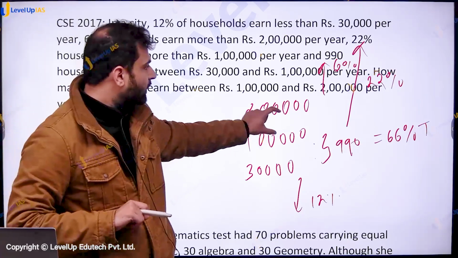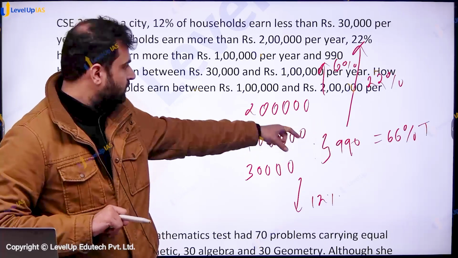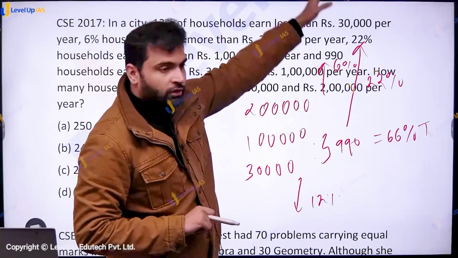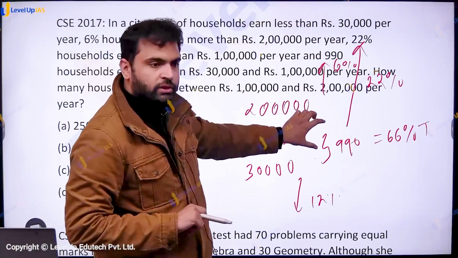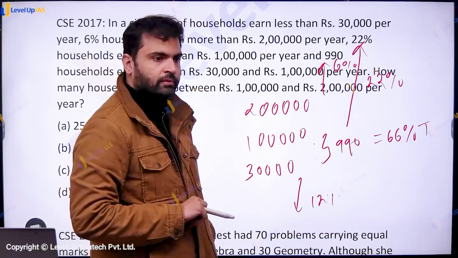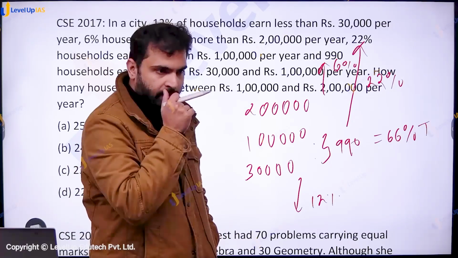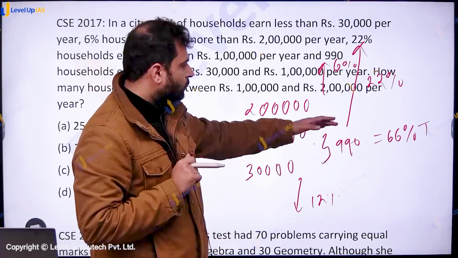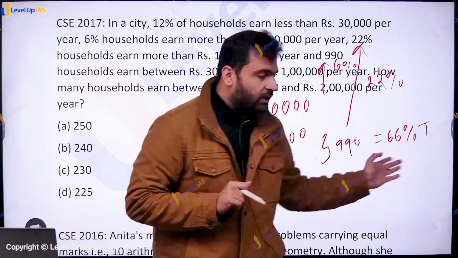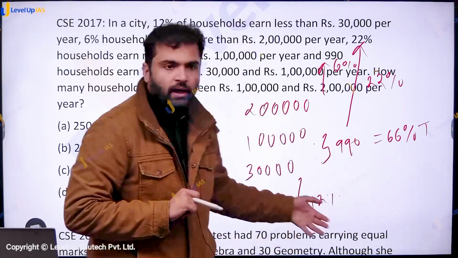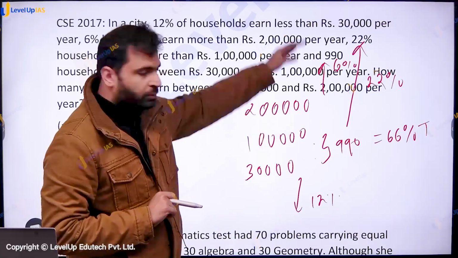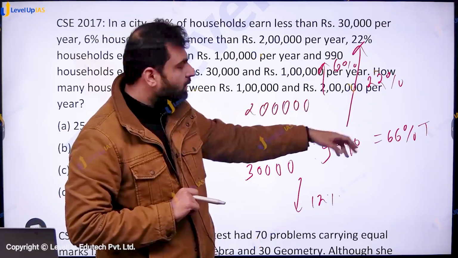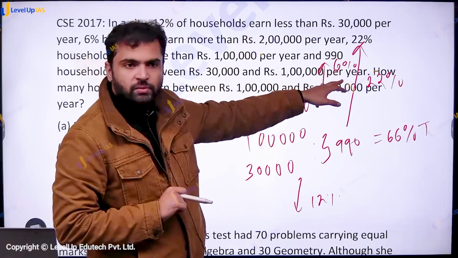Now we have to calculate, once you get the total number of households, how many lie in this range. You know that इसके ऊपर 22 है पर इसके ऊपर 6 है, तो बीच में कितने हैं? We know that you can find out the total number of households from here, and now you also know that more than 1 lakh are 22% and more than 2 lakh are 6%.